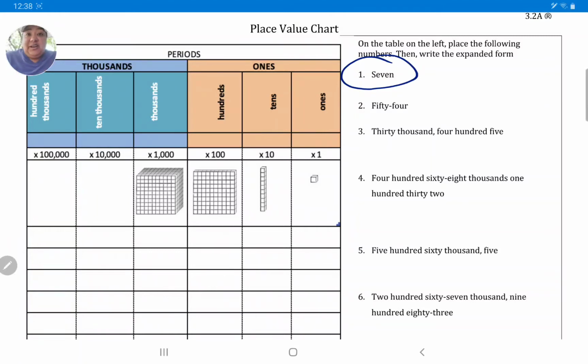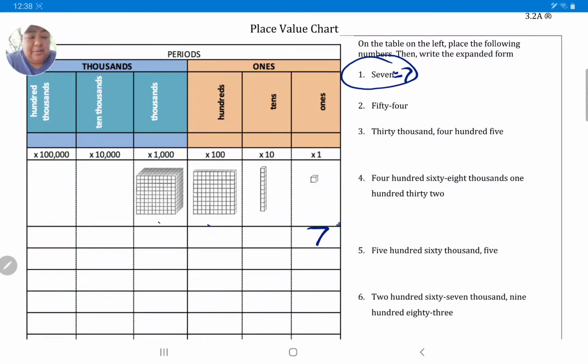So if I want to do it in a number, what number would it be? 7. Now, where am I going to put my 7 on my chart? Am I going to put it in the 100,000s? In the 10,000s? Thousands, hundreds, tens, or ones? Well, it's one digit, so it would go in the ones. Okay? So I would write it there.